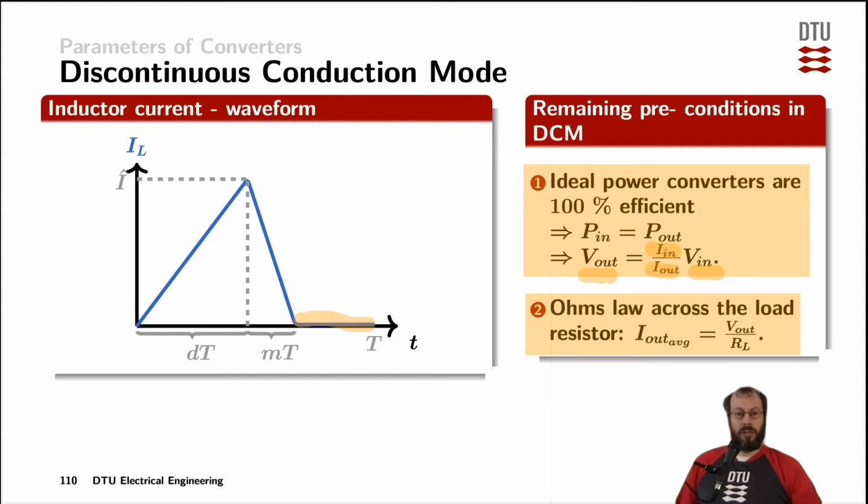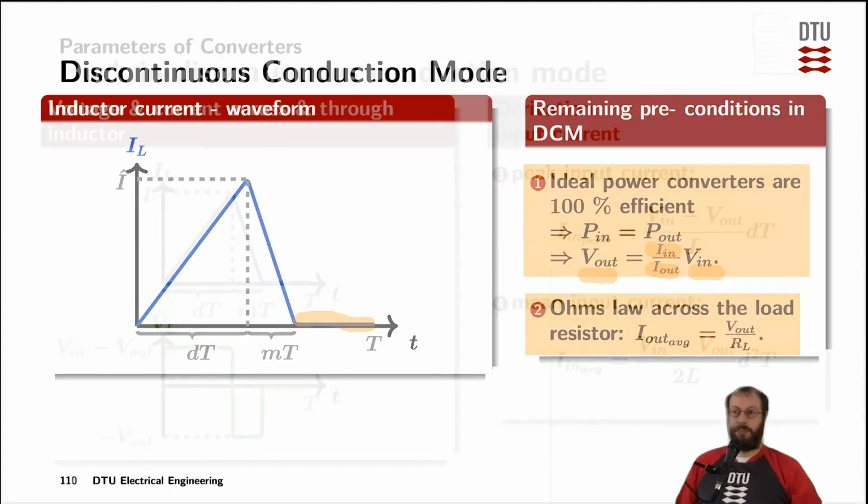The more interesting one is the average input current. While these equations 1 and 2 here are generically valid for the buck, the boost, and the buck boost converter and many other converters, we need to specifically look into the converter type to derive the average input current.